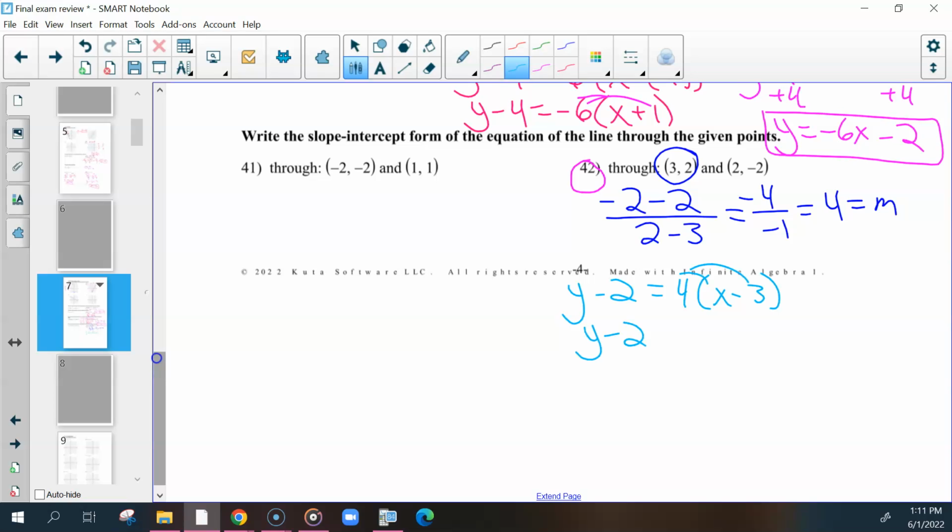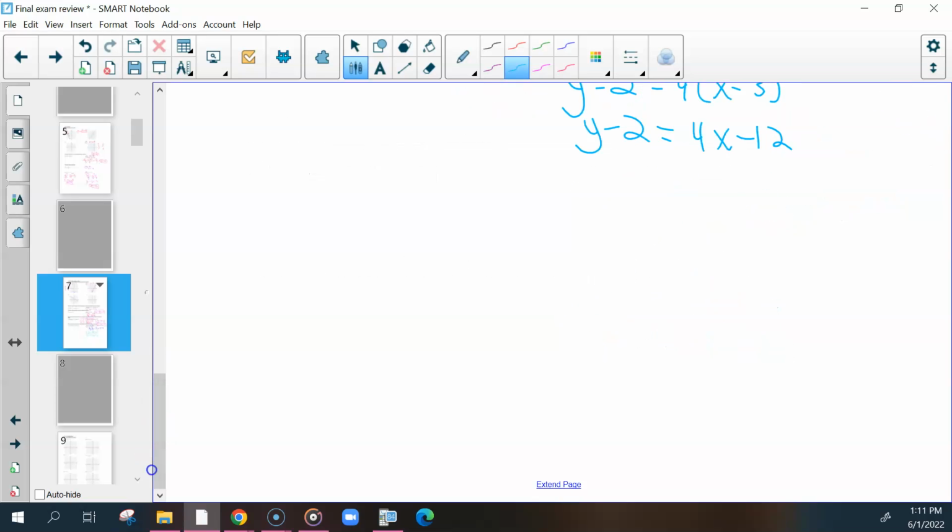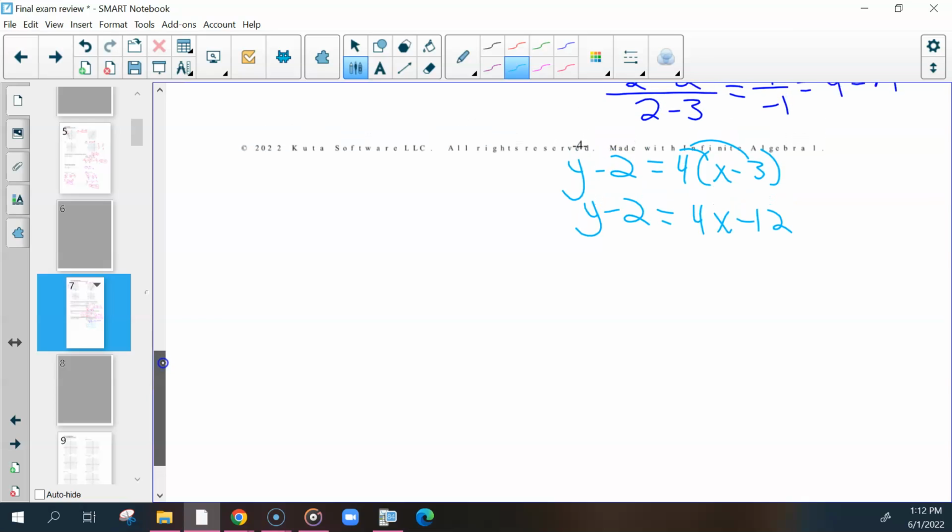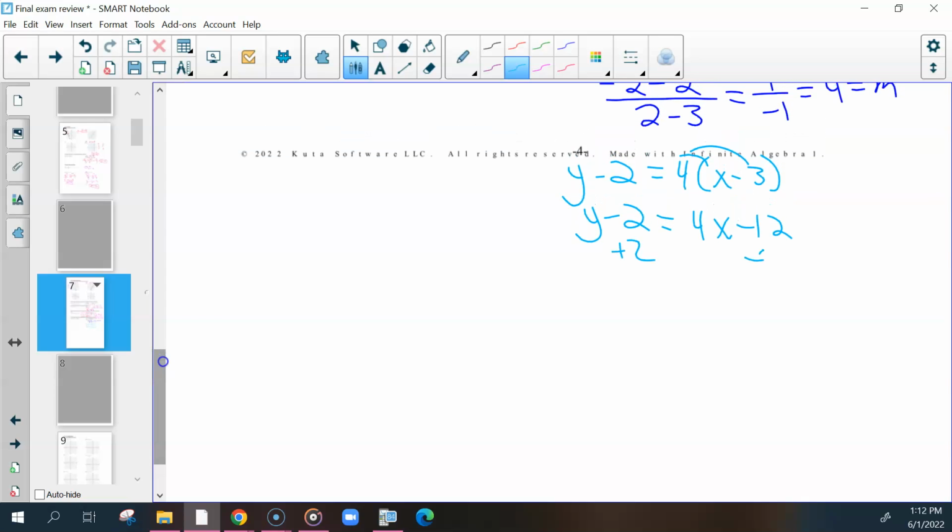So y minus 2 equals 4x minus 12. And then add 2 to both sides. So our final equation would be y equals 4x minus 10.